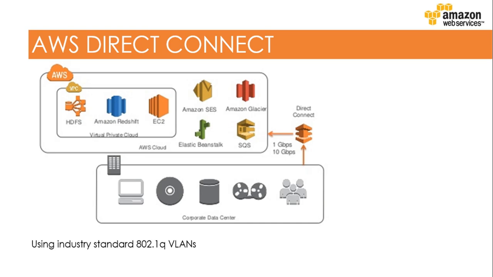Second, all data transfer over your dedicated connection is charged at the reduced AWS Direct Connect data transfer rate rather than the internet data transfer rate. So if you are looking for a hybrid solution connecting your on-premises data center to AWS, then this is a better way. Otherwise, the internet data transfer charge will be higher compared to Direct Connect.